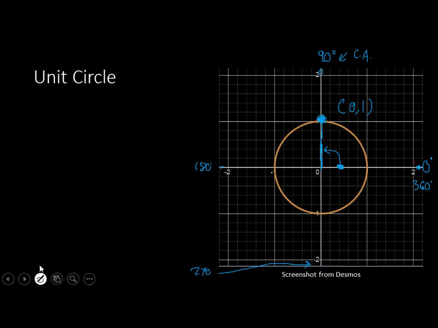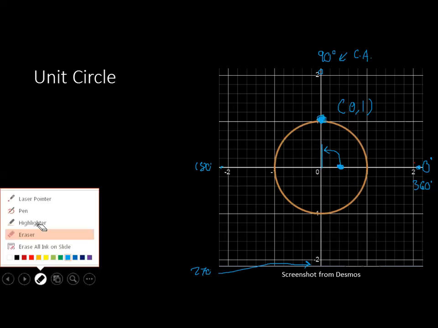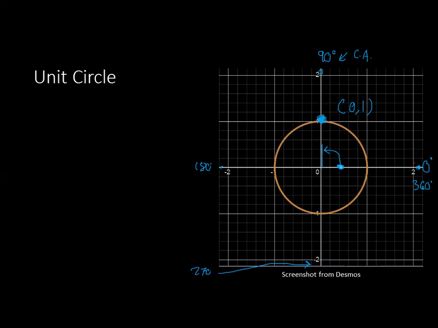All right? Now, how about if we go further? What if we reach 180 degrees, from here to there? What will be the coordinates of this point? Here, you will have -1 and 0.